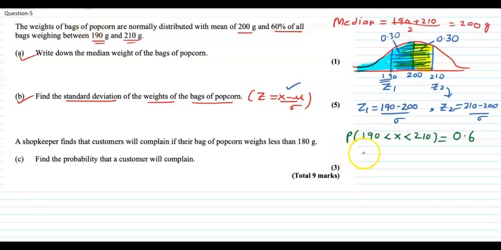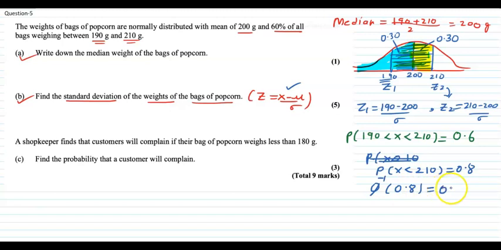So we need to find the inverse. P(x less than 210) is 0.8. For this area we will find the inverse. You need to go to menu number 7 and then inverse normal. This will give 0.8416.